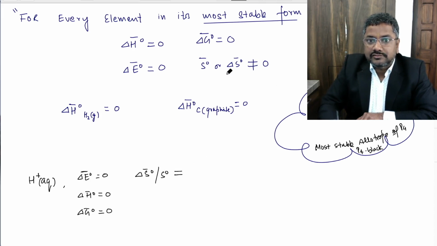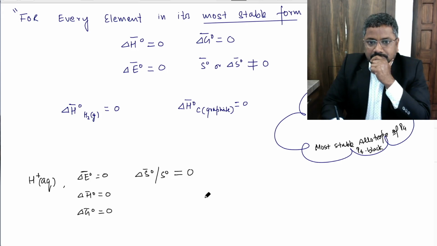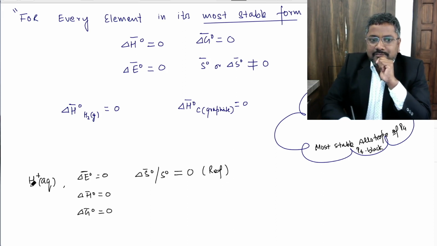Entropy. See, for every element in its most stable form the entropy is non-zero. But remember, dear students, here this is also 0. It is a convention. We are taking this as 0. It is a reference basically. So to measure the entropy of ions, H plus is the reference.